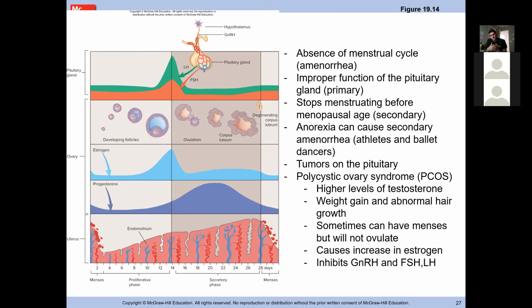If that doesn't occur, then there's not going to be any chance of fertilization of it. So that's an important thing to note there, is that you can still have a menstrual cycle, but still not actually be ovulating as a result of that.